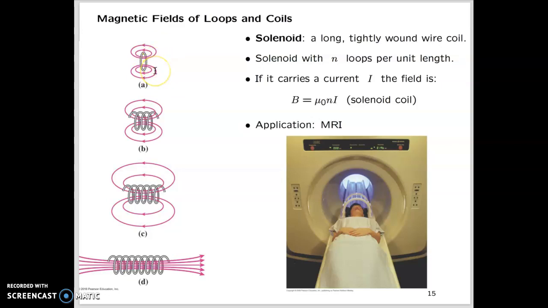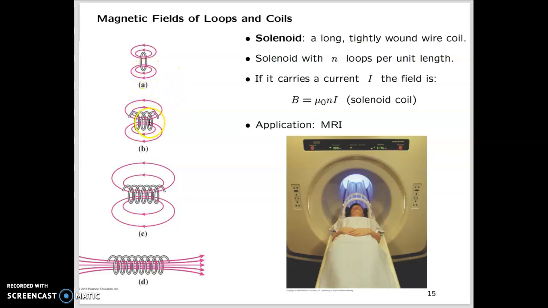As it turns out, these are what the magnetic field lines look like. They're closed loops. They're not circles. I mean, the wire might be a circle, but the magnetic field lines are not actually circular anymore. They're a more complicated shape, but they do have that kind of closed loop structure to them.